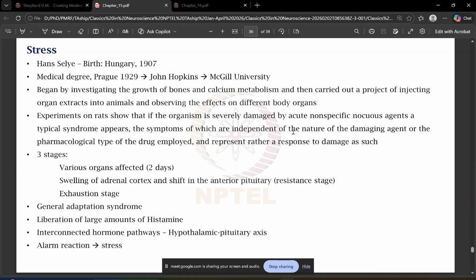Of course, nowadays, stress in the scientific context is being primarily studied in terms of the hypothalamic pituitary axis and in terms of the limbic system. The limbic system is responsible for processing emotions and basically the lower faculty, as it is called.